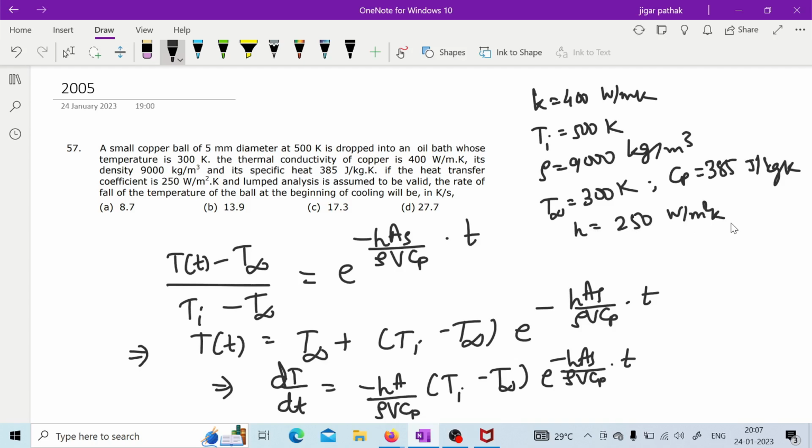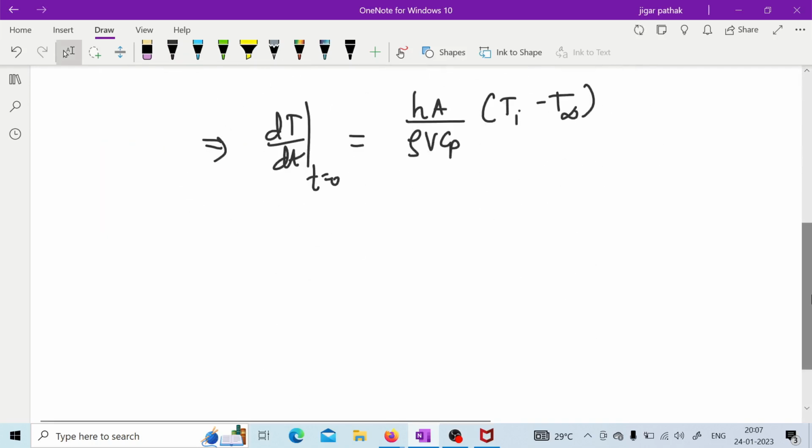Now if you put all these values, h is given as 250. V by A can be D by 6, right? So D is given as 0.005.